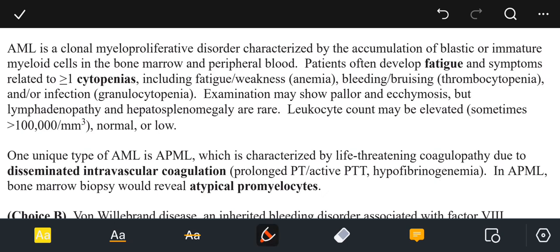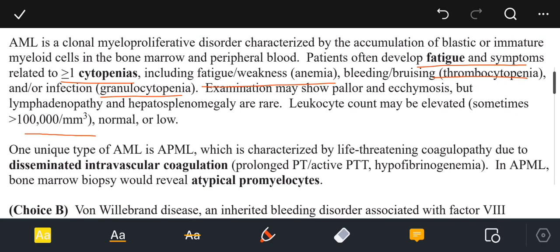Patients often develop fatigue and symptoms related to one or more cytopenias, including fatigue and weakness from anemia, bleeding and bruising from thrombocytopenia, or infection from granulocytopenia. Examination may show pallor and ecchymosis, but lymphadenopathy and hepatosplenomegaly are rare. The leukocyte count may be elevated, sometimes more than 100,000 per cubic millimeter, normal, or maybe low.